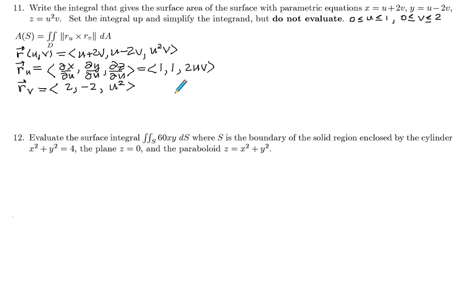All right, then next up we need to find that cross product, and then finally the length of the cross product. So r sub u cross r sub v, we're going to form a matrix, i j k in the first row.